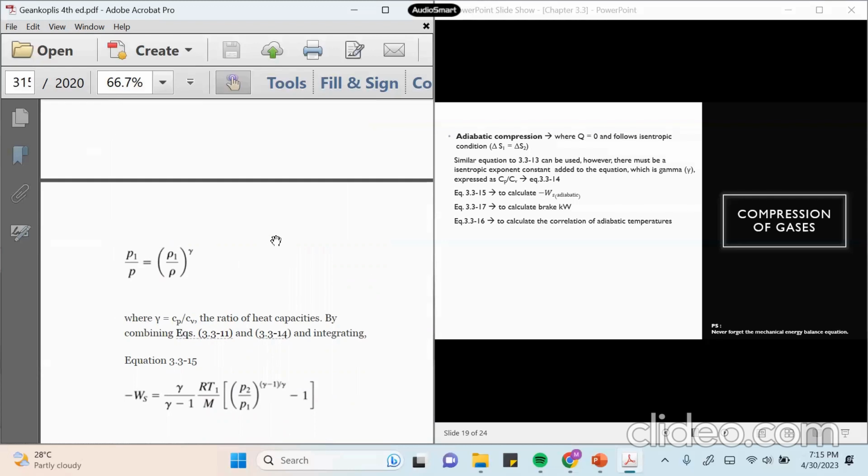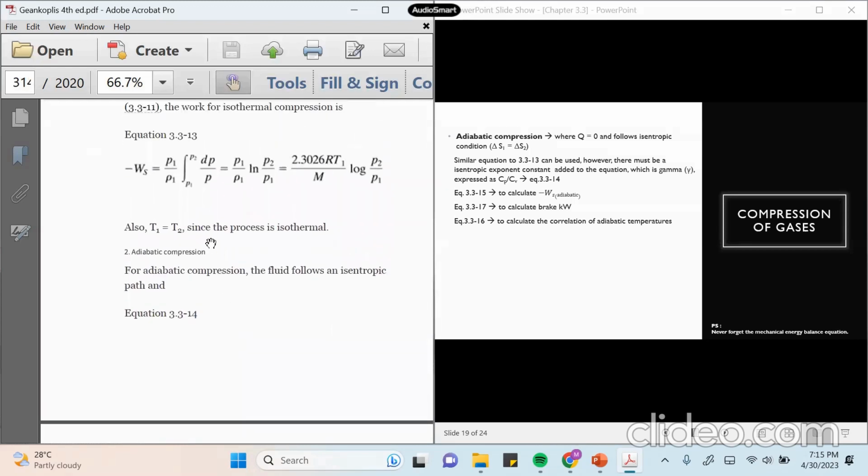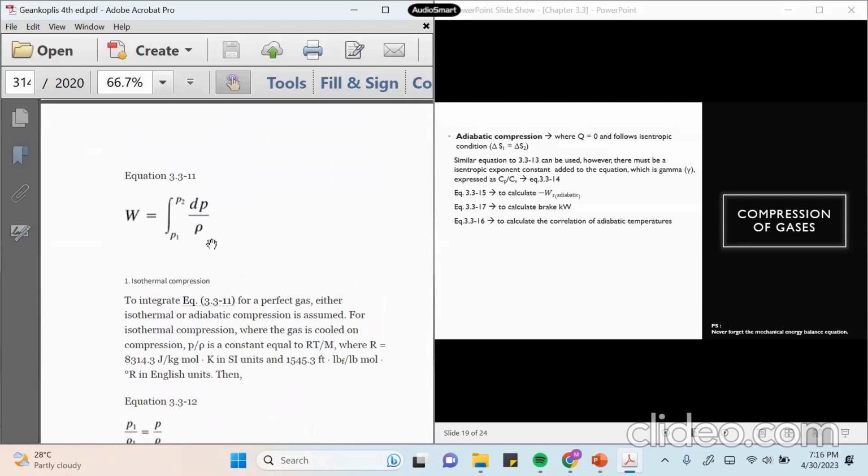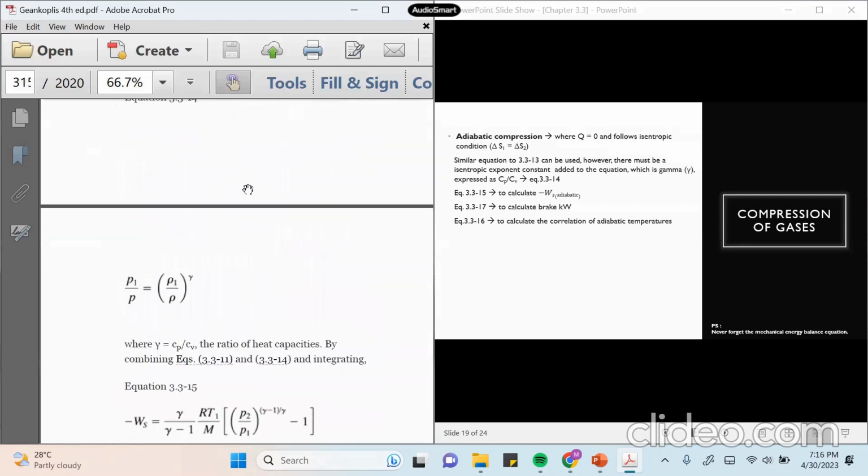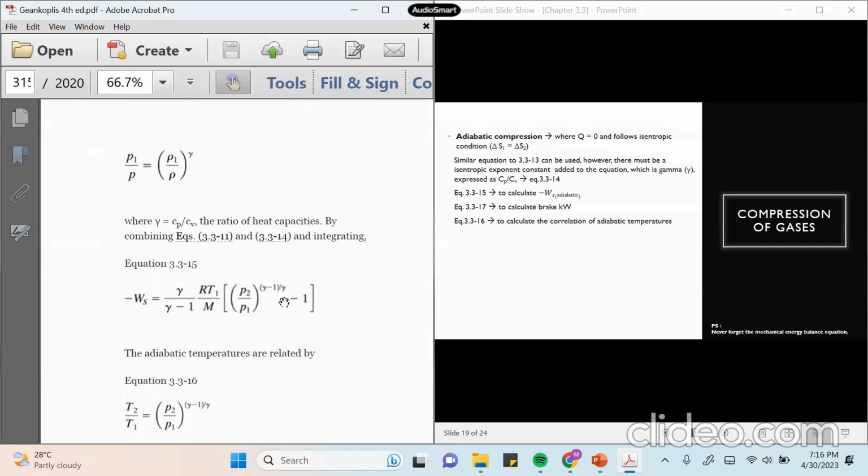I use John Coplen's fourth edition for this. So by putting this equation 14 into this equation 11, then we can acquire equation 15 to calculate the minus Ws in adiabatic compression.